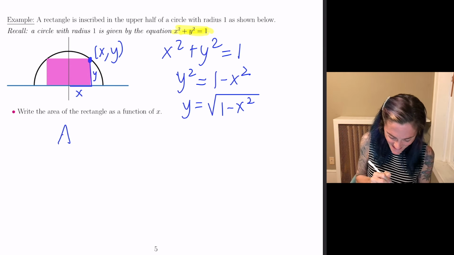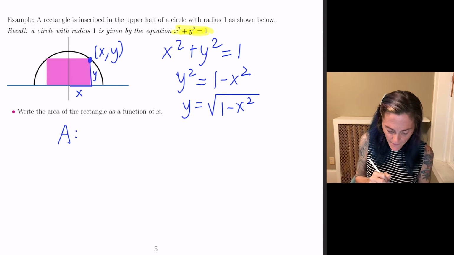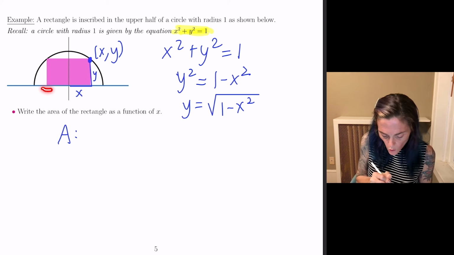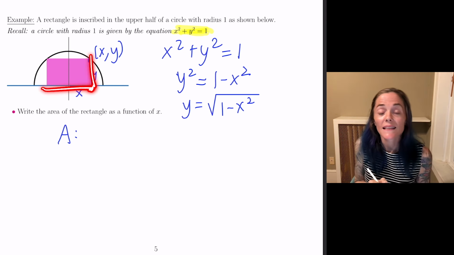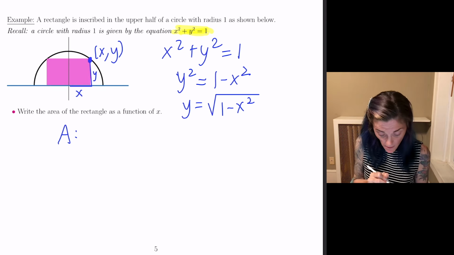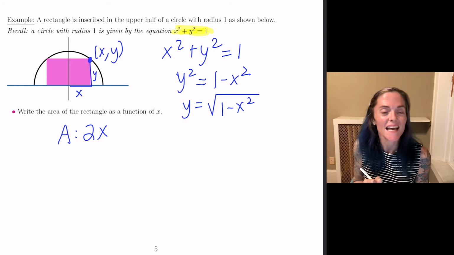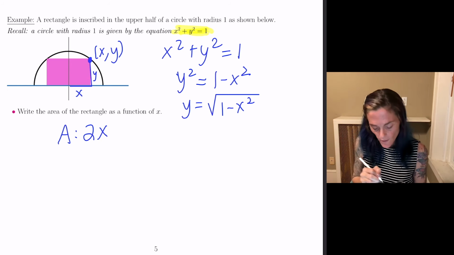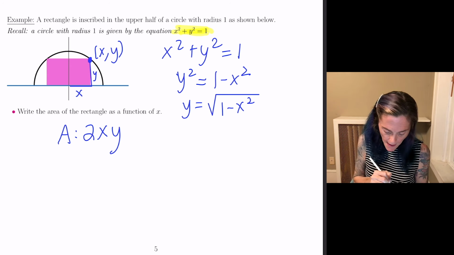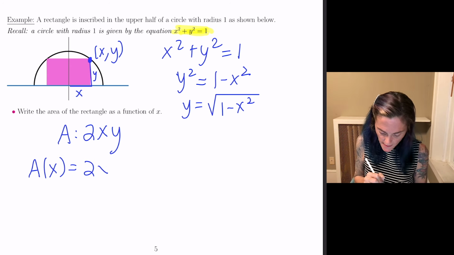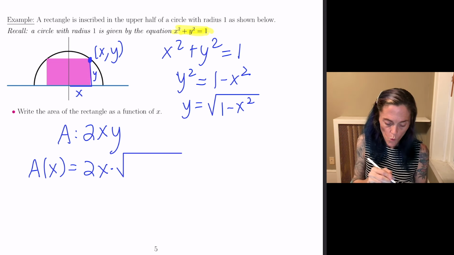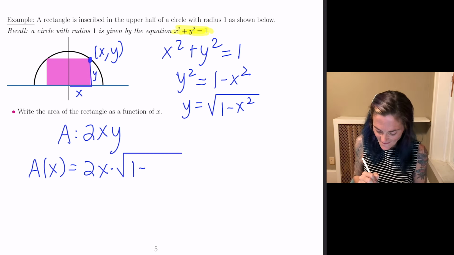First of all, the area is length times width, but this length is 2x. It's x plus x, and then we have times y. Now, as a function of x, we get 2x times the square root of 1 minus x squared.